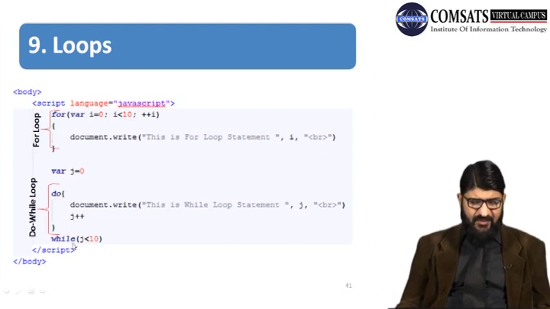So in the while the condition j less than 10 is mentioned. In this way the for loop is written for i in JavaScript, and the while loop for j in JavaScript, and then the script tag and the body tag are closed.